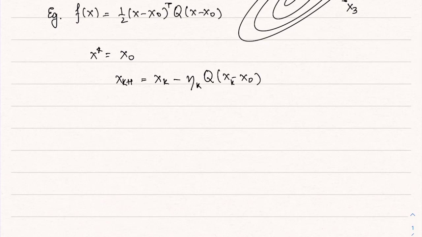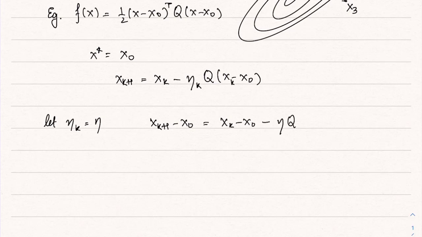For simplicity, let us say that eta_k is equal to some constant eta, right? And let's subtract x naught from both sides. So we obtain x_{k+1} minus x naught equal to x_k minus x naught minus eta times Q times (x_k minus x naught).